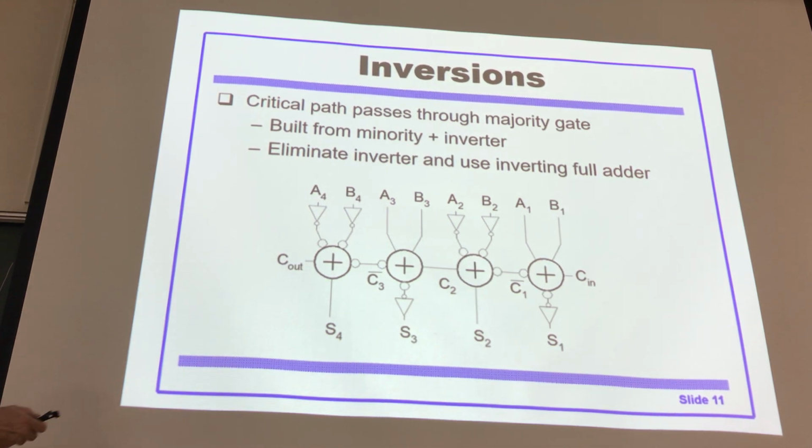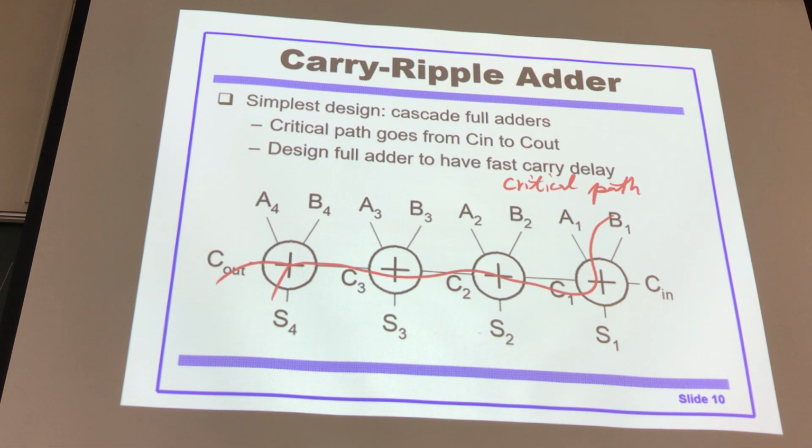You can try, as I said, to generate C1 bar instead of C1, and S1 bar instead of S. That circuit is going to be a little bit simpler than this.